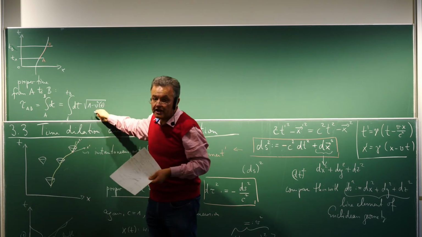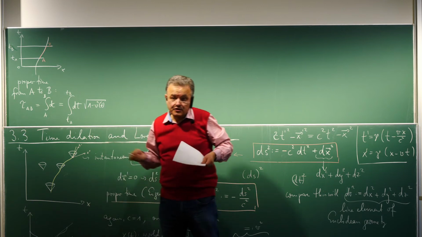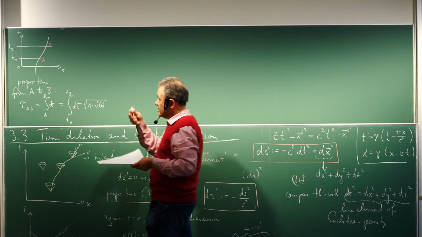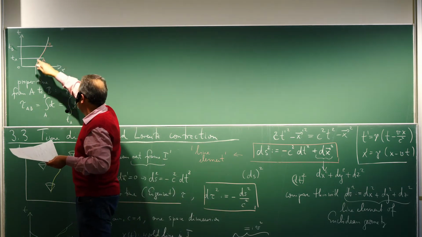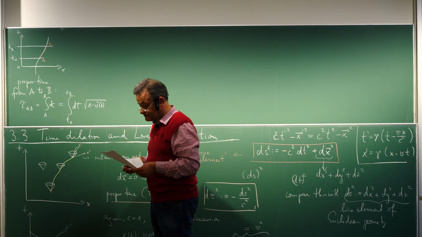So the v of t can be anything. And so your cesium clock, for example, your atomic clock, moves around, and you can read off that clock, and it shows the time that you get from this integral.